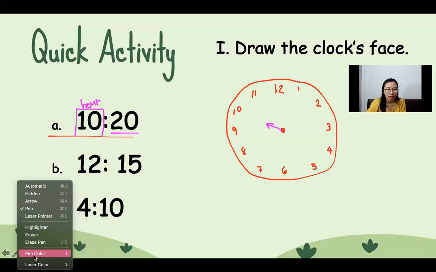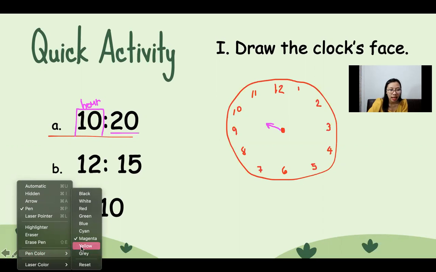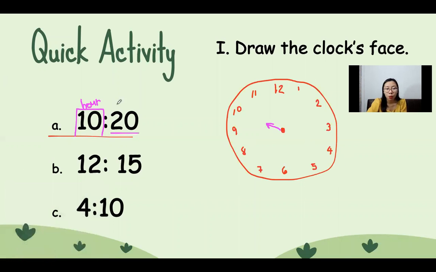Where is 20? 5, 10, 15, 20. The long hand points at 20. So what time is it? It's 10:20. Understand?